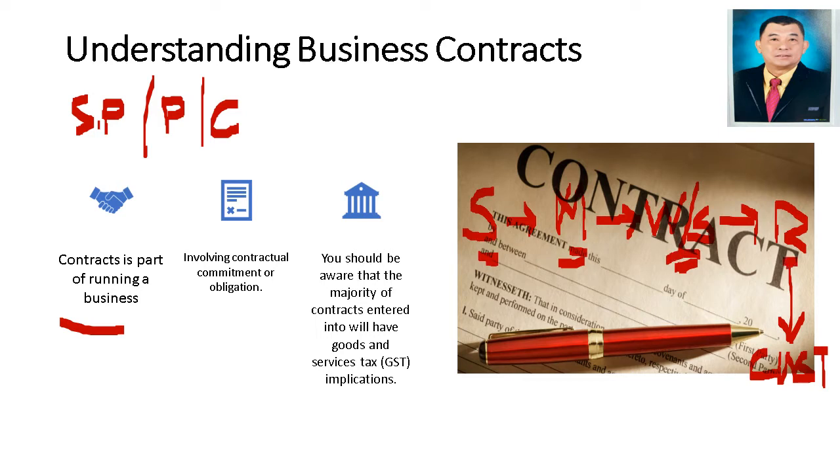So that is the contractual commitment or obligation. Or you might have a partnership, where you will have a business agreement or a partnership agreement. Always remember that the majority of contracts entered into will have goods and services tax (GST) implications.